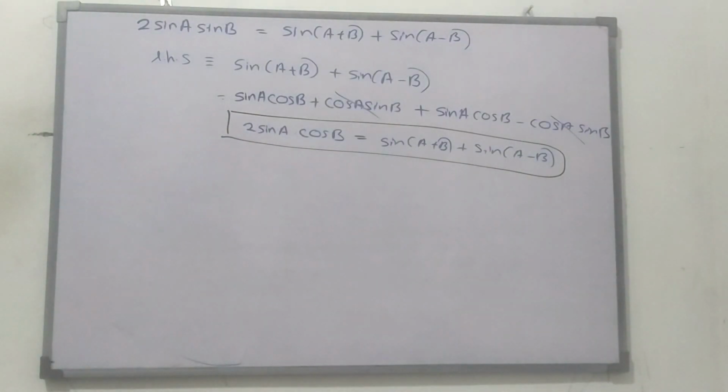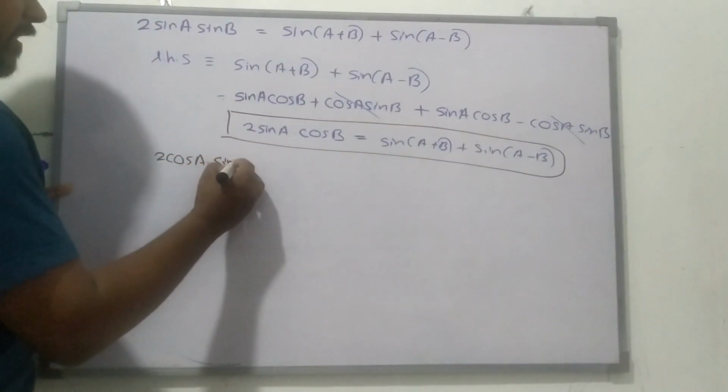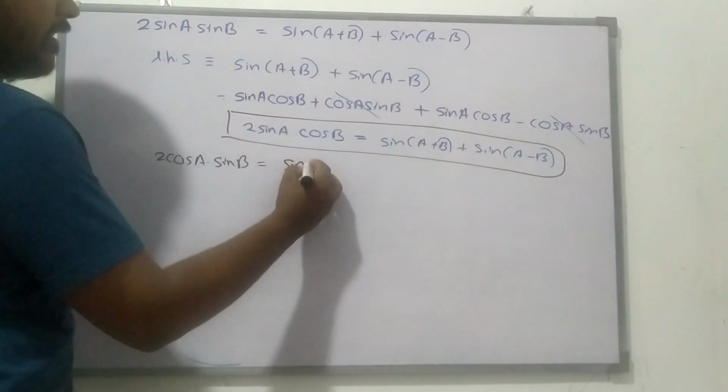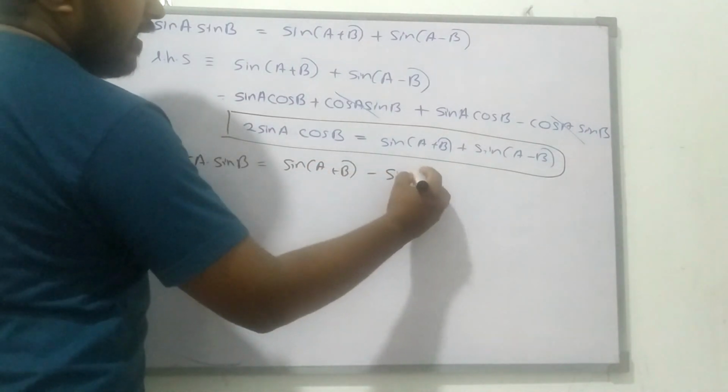And the next one is 2 cos A sin B, which equals sin(A plus B) minus sin(A minus B).